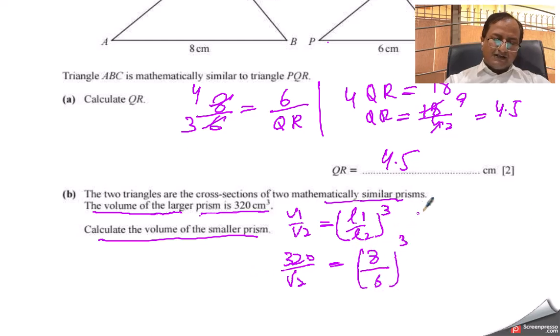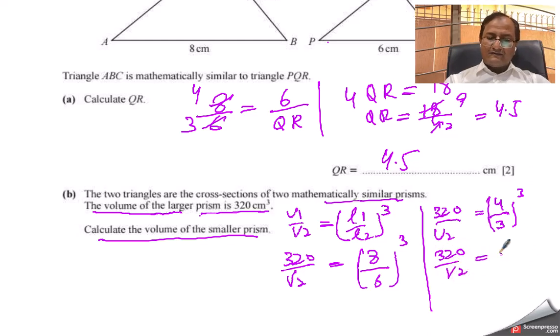After that we're supposed to solve it: 320 by V2 is 8 by 6, that is 4 by 3, and we have cube. Now 320 by V2 is 64 by 27. Now with cross multiplication, V2 is 320 times 27 by 64.